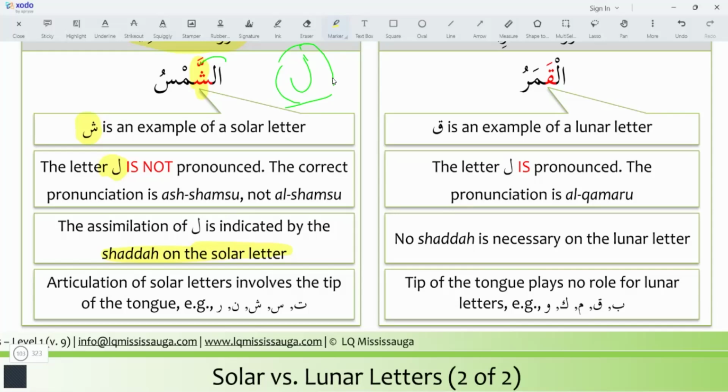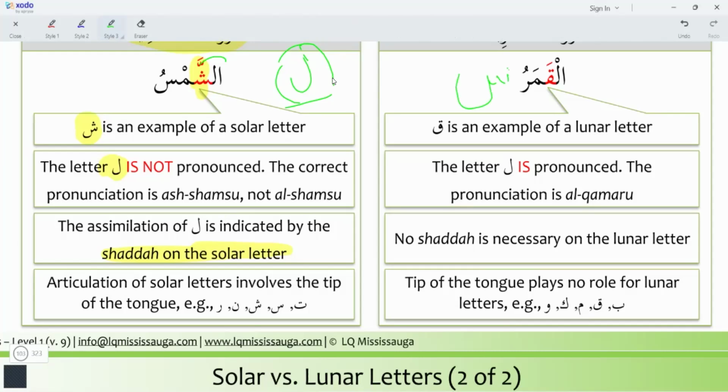What is this shadda? There is one sheen with sukun and one sheen with a haraka. So when we assimilate these two, then we give it a shadda.